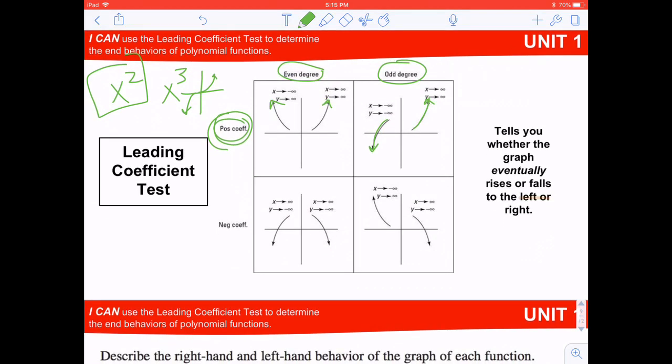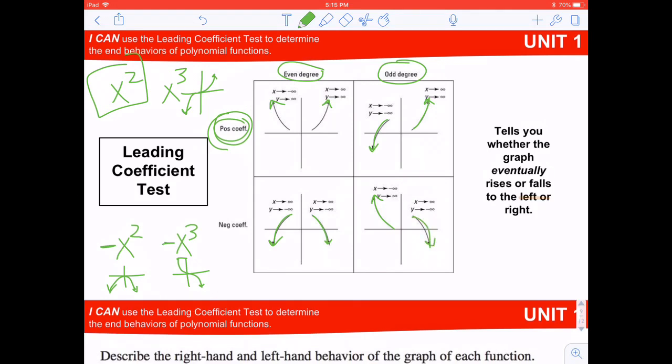And then if we take that x squared and we put a negative in front of it, well, that's just going to create an x-axis reflection. So then that parabola gets flipped over, and then both sides are going to be falling, which is what's happening here. And then if you put a negative in front of the x cubed that has an odd degree, it's going to take that cubic function and flip it, so then it's going to be rising on the left and then falling on the right.